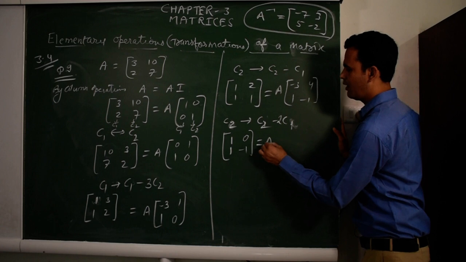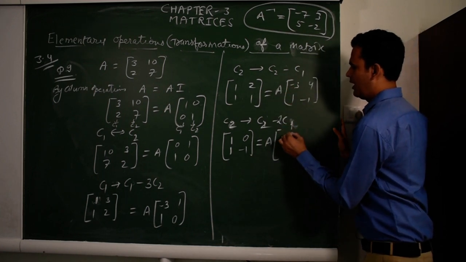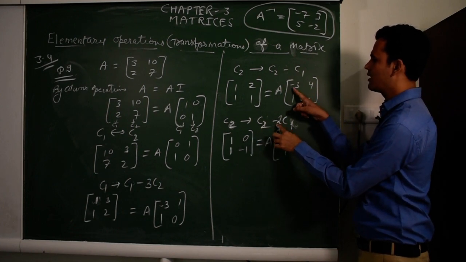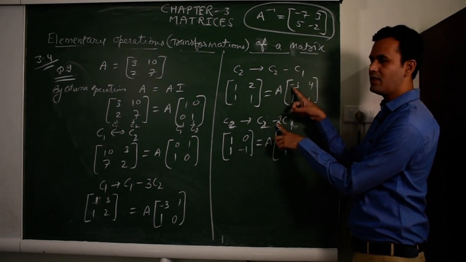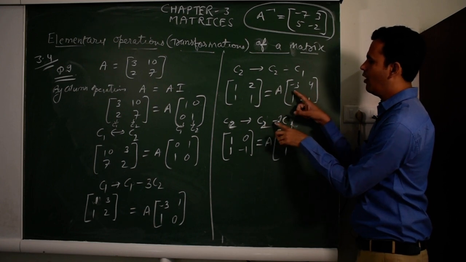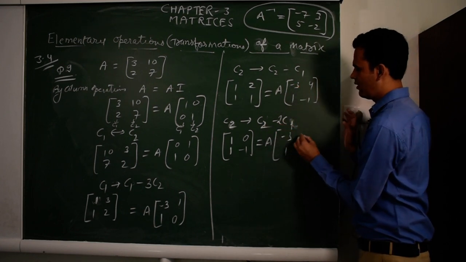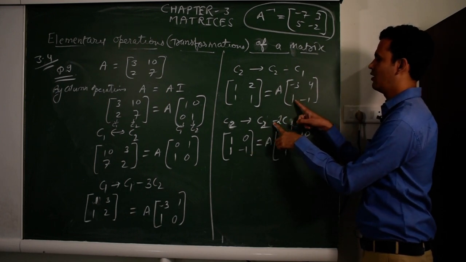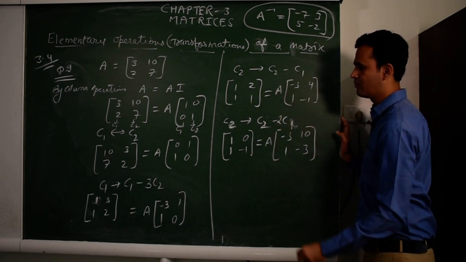Same changes we apply here. A: minus 3, 1, and 4 minus minus 3 into 2, it means 4 plus 6, it's 10, and minus 1 minus 2, it's minus 3.